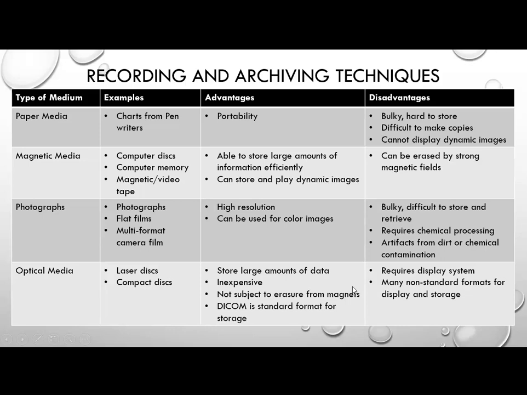Different types of recording and archiving techniques have been used over the years. We still have some paper media that is utilized on some of our systems. This includes the printed thermal paper that a lot of people get when they do their obstetrical ultrasound.